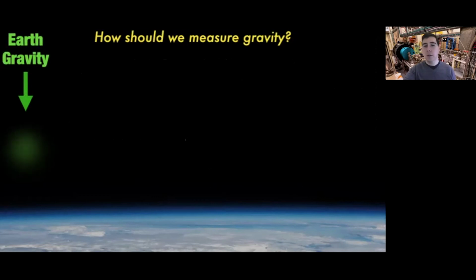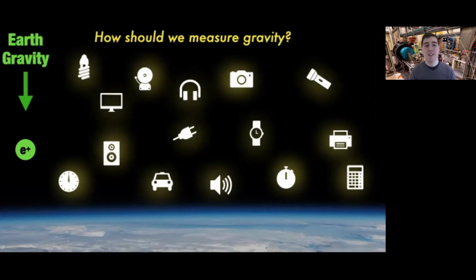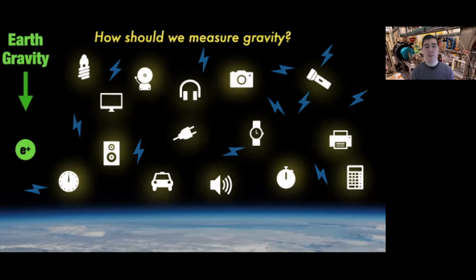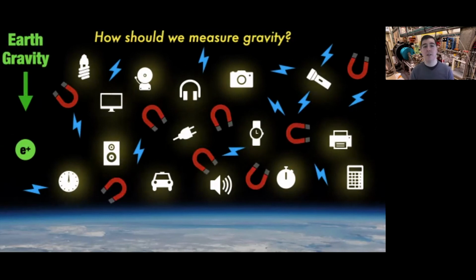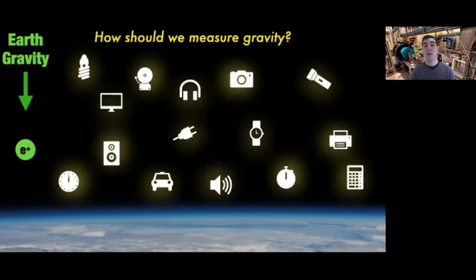But the positron has a positive electric charge, and our world, including laboratories, is filled with electromagnetic signals, electric devices, and other charged particles, which create electric fields and magnetic fields that are much stronger than the effects of gravity. So if we watch the motion of a positron, any effects of gravity from falling under gravity would be washed out by these dominant electromagnetic forces.